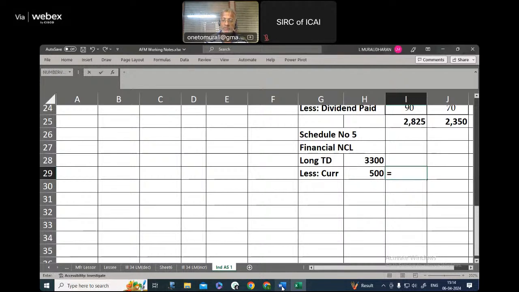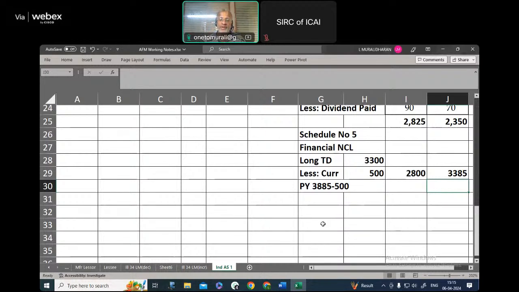So totally it is this portion. Same way for previous year: 3,885 minus 500 is going to be 3,385.